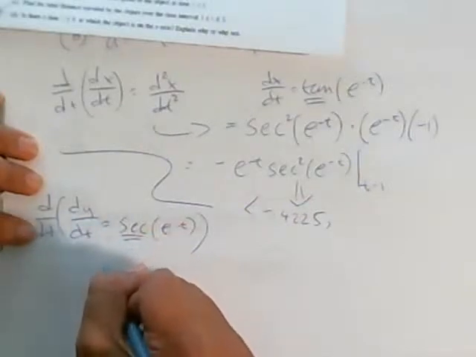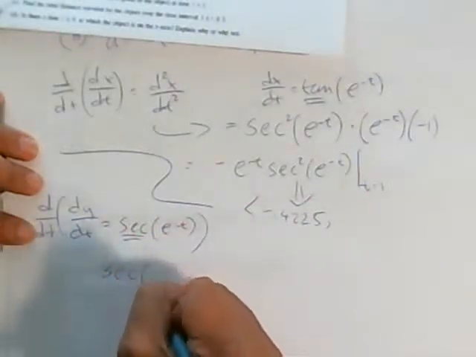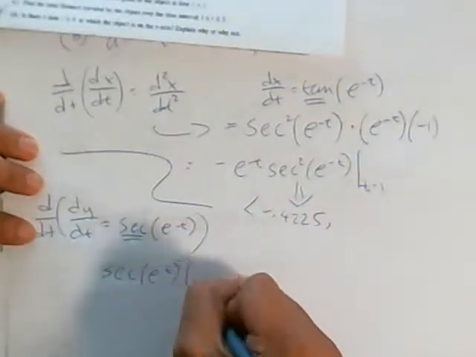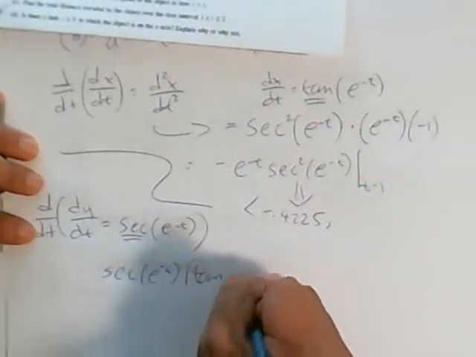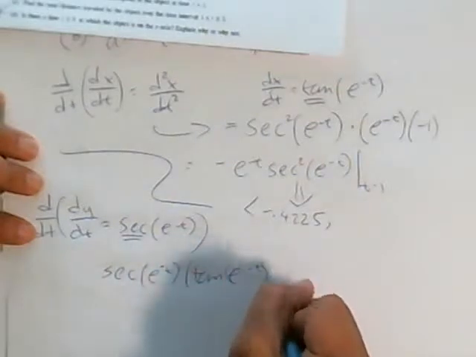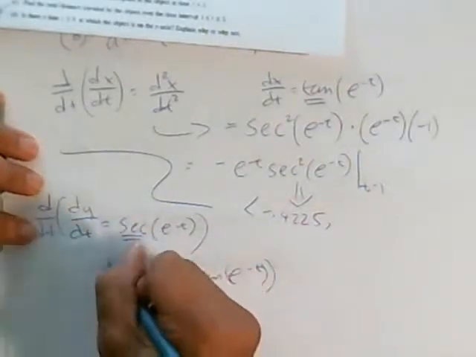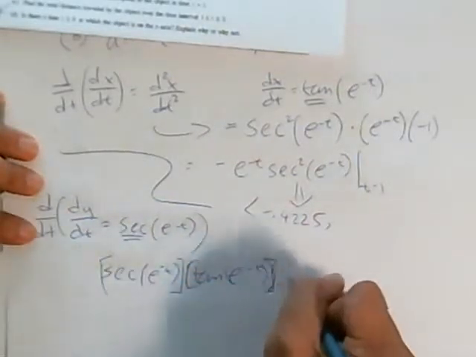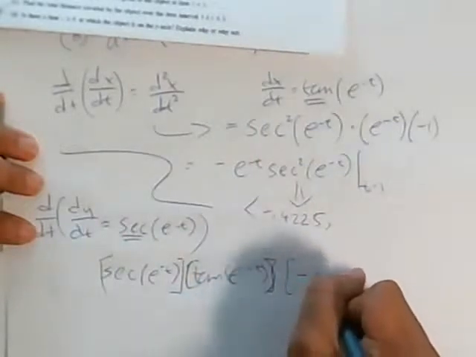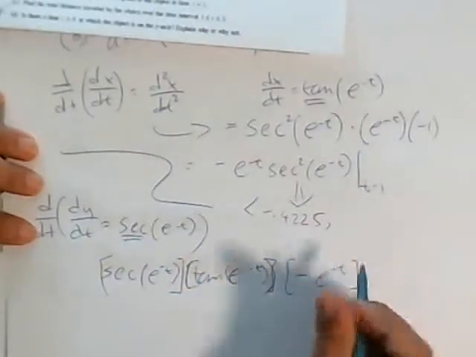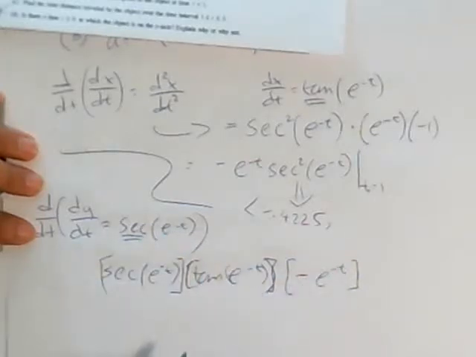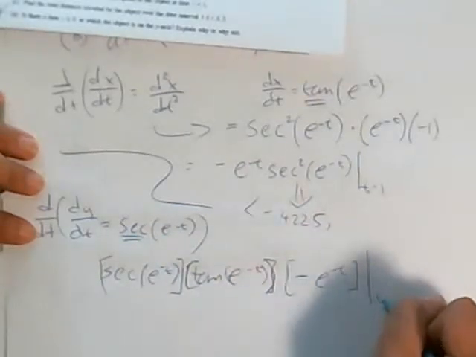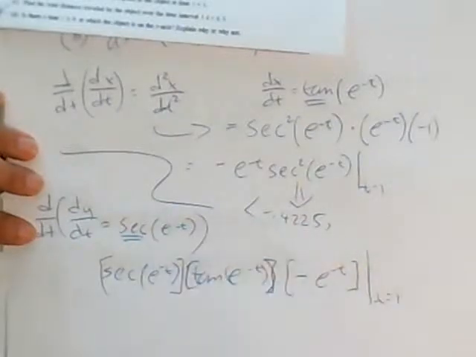The derivative of secant is secant tangent of e to the minus t, and that's going to be multiplied times negative e to the minus t, because of the chain portion. And it's going to be evaluated at t equals 1.